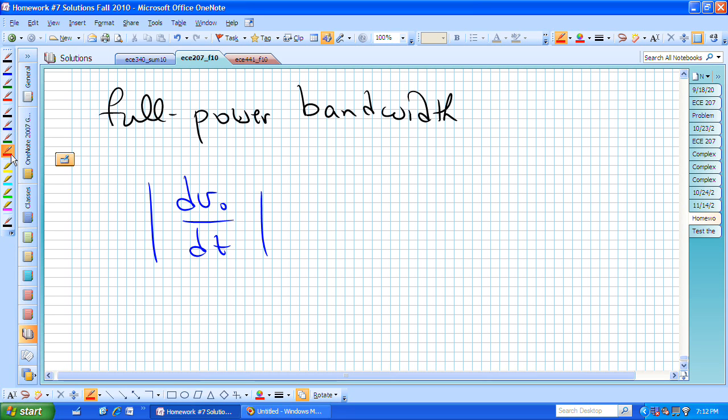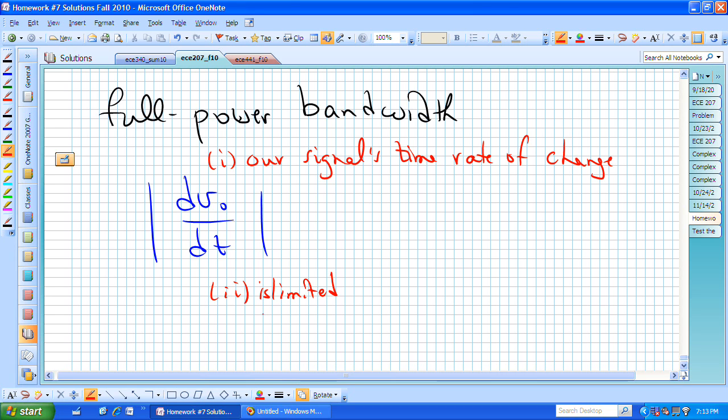And if I could say this in sequence, the first is that our signal's time rate of change, which is just the derivative of our output voltage, is actually limited by the op-amp's slew rate limit.